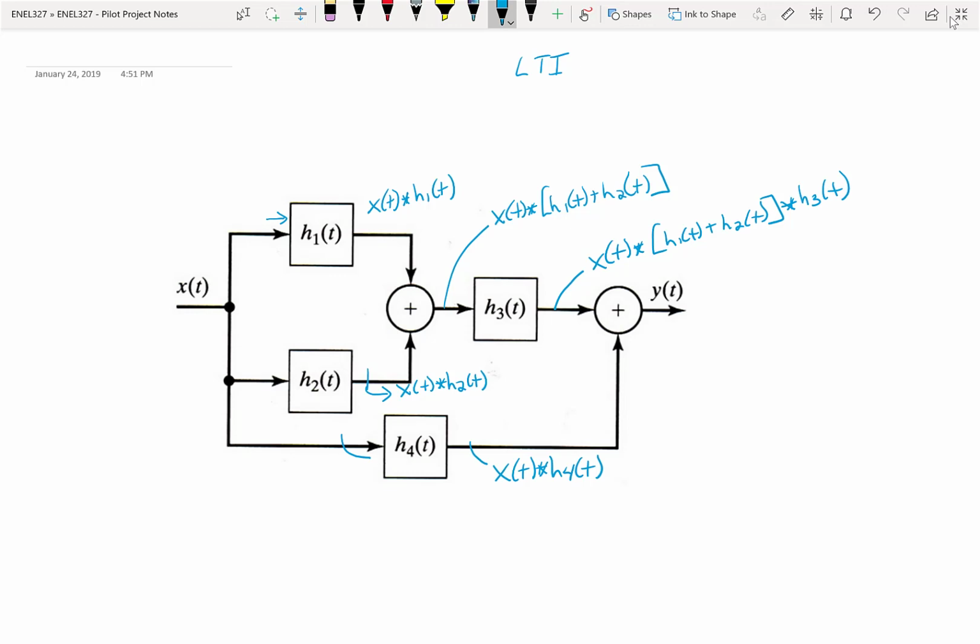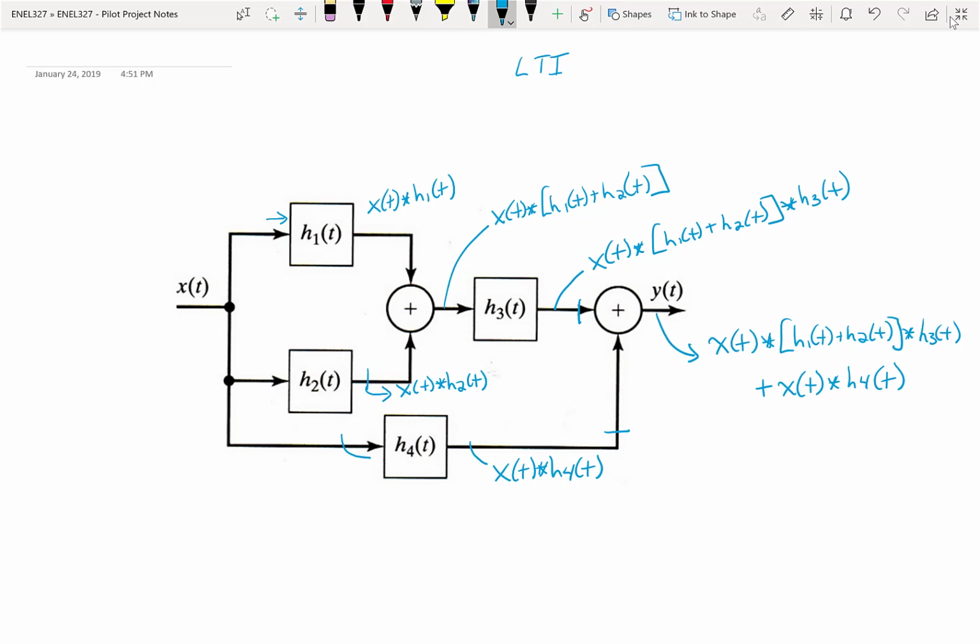Then those two signals are added together, so at our output we have that plus that.